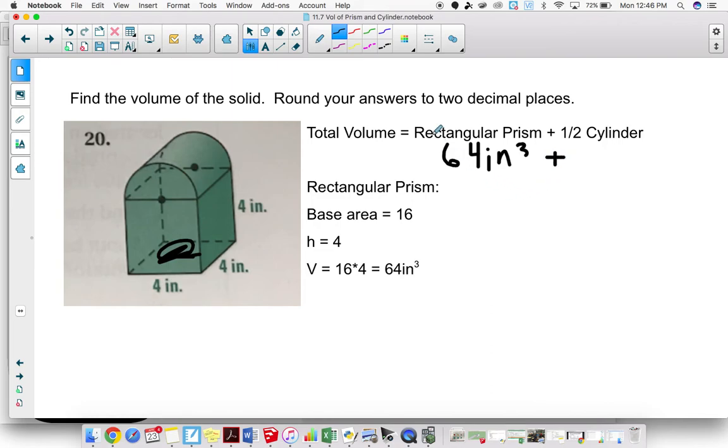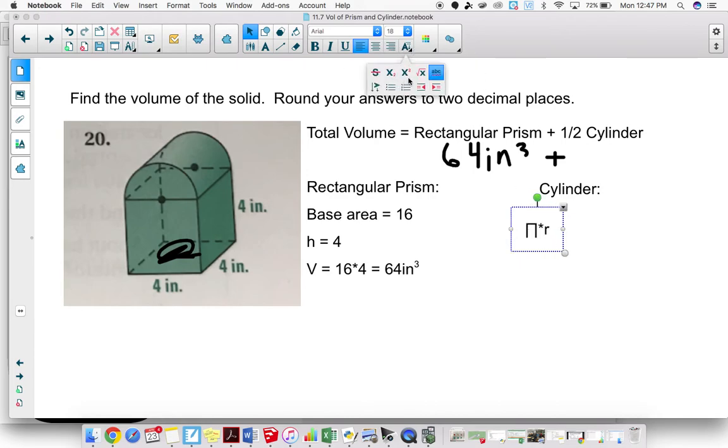Okay, now the cylinder formula for volume was pi times radius squared times height.